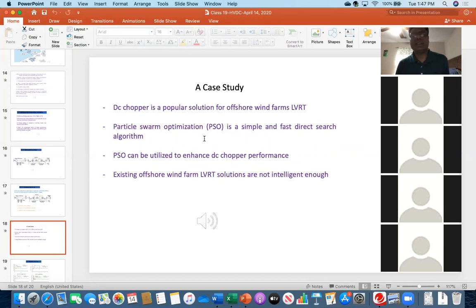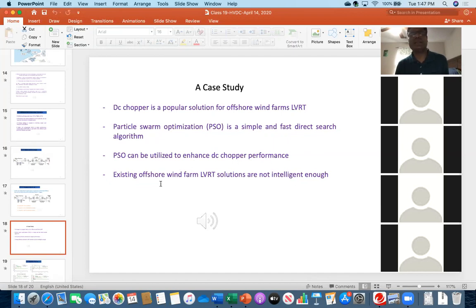You might choose other types of optimization algorithms, like genetic algorithm or taboo search algorithm. There are lots of search algorithms or optimization techniques, but PSO has been chosen because of its simplicity and its fast search performance. That's why PSO can be utilized to improve the DC chopper performance.